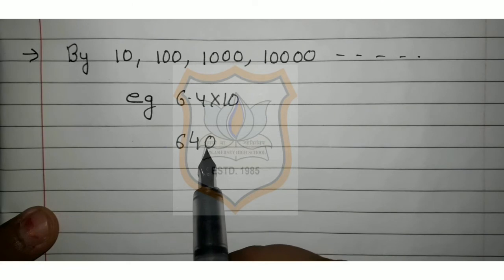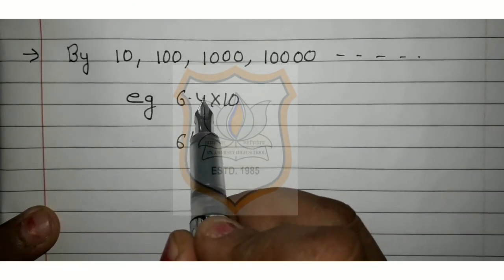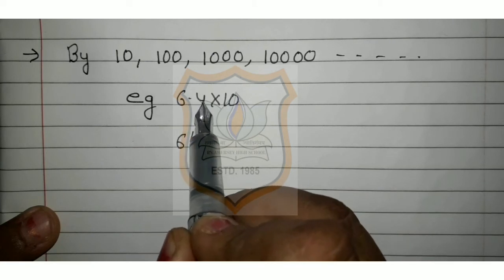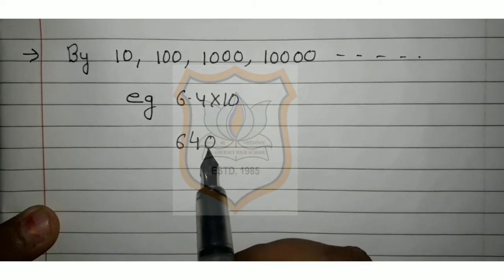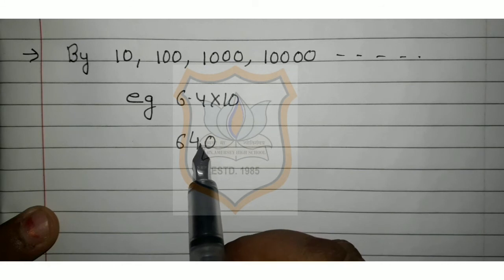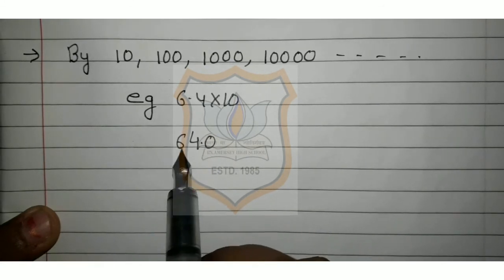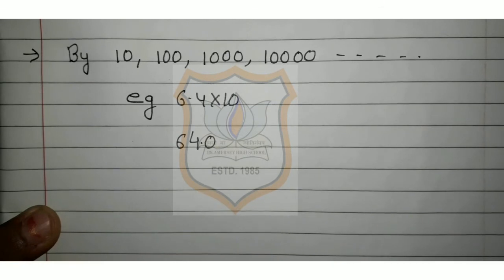Now put the decimal after one digit, because in 6.4 the decimal is after one digit, that is, after 4. You have to count the digits starting from the unit place, and after that you put the decimal point. So our answer will be 64.0.